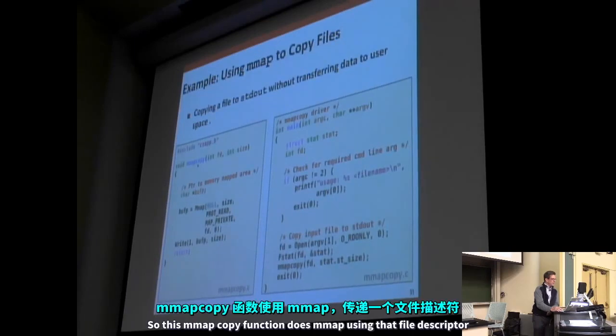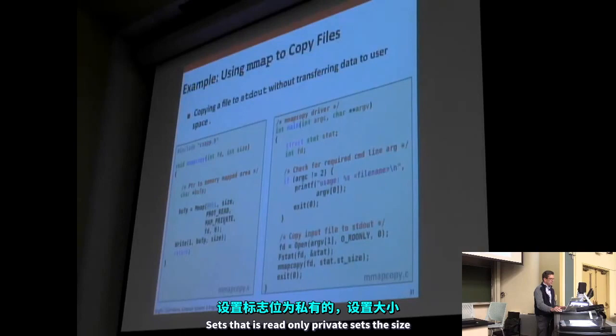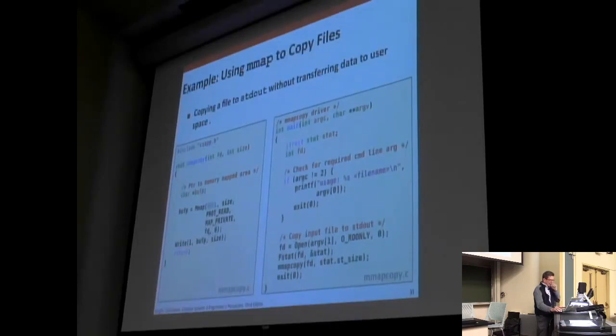So this mmap copy function does mmap using that file descriptor, sets it as read-only, private, sets the size, and length means everything, at an offset of 0.